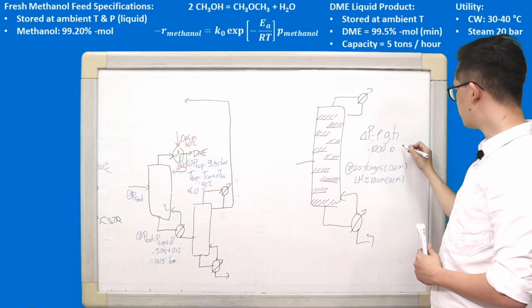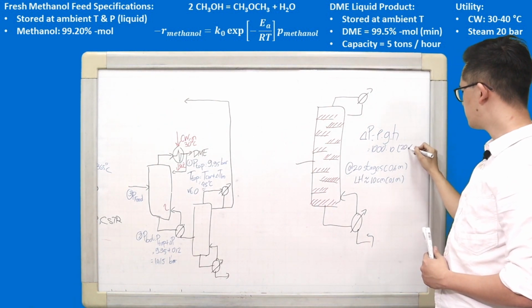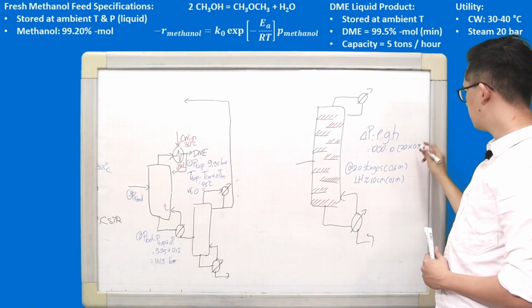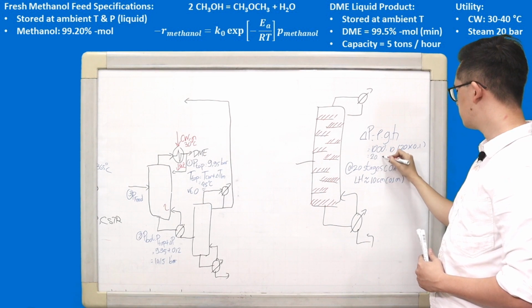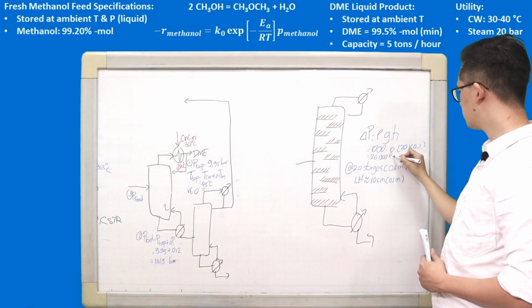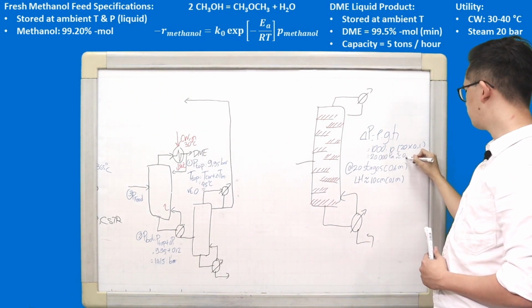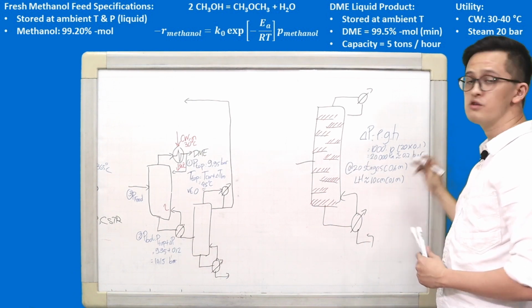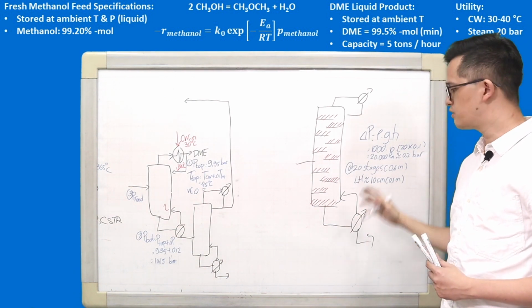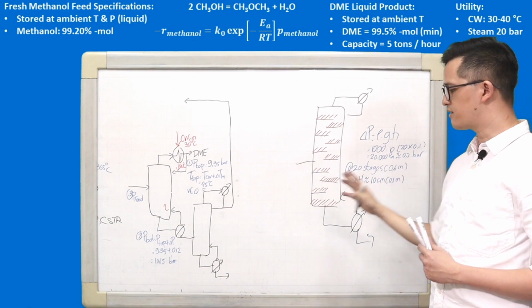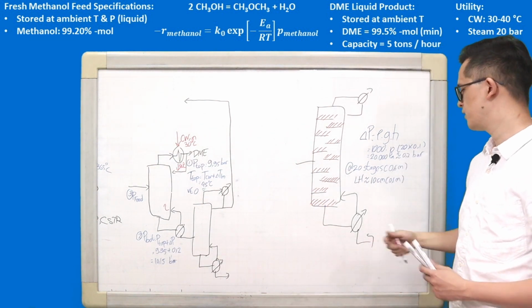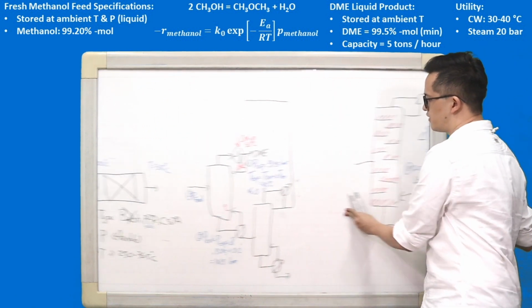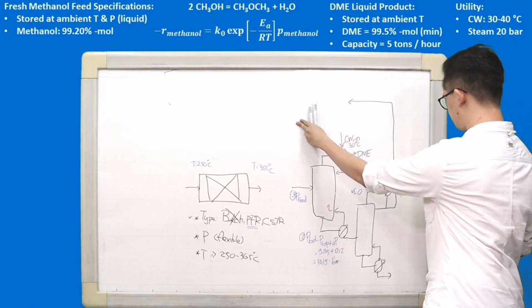Using those numbers, we can combine it, 20 stages times 0.1. So now I have around 20,000 Pascal, which is around 0.2 bar. So that's the simple explanation why we get a typical pressure drop in the distillation column of about 0.2 or 0.3 bar. Okay, let's go back to our main flowsheet.